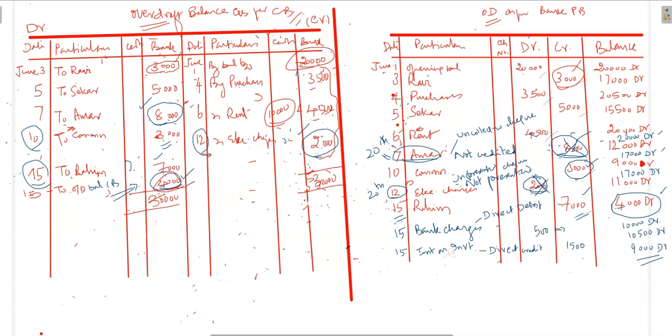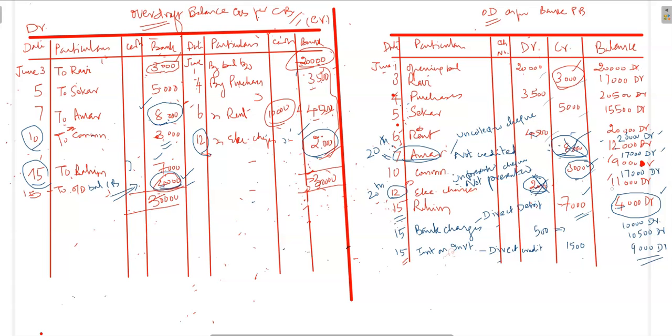Similarly, we have issued a check for rupees 2,000 towards electricity charges, but it was not presented on 12th. Instead, it was presented later, but we are preparing BRS on 15th, so we have to reconcile it. Because of this payment, your OD will increase. You just see here, from 9,000 plus 2,000, it has become 11,000.